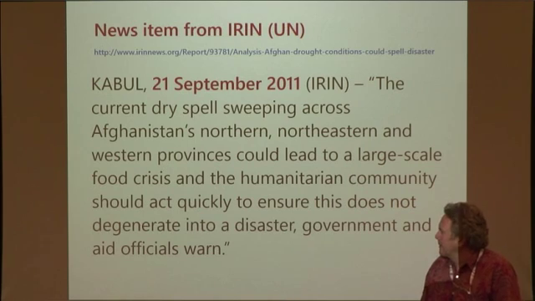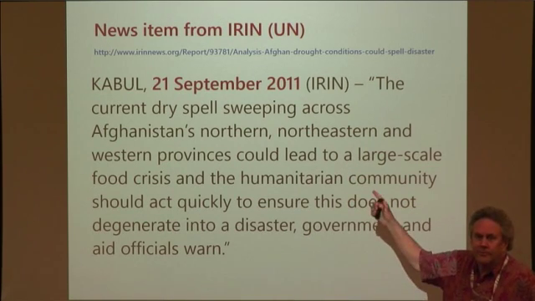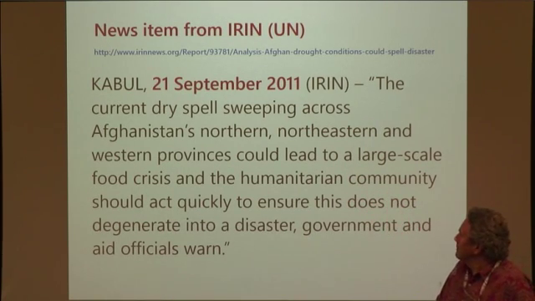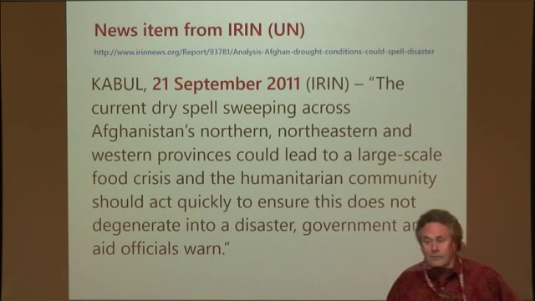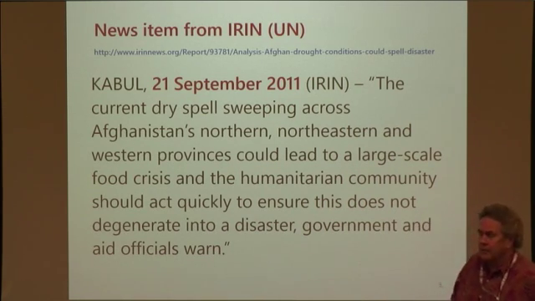And you can see this is a fairly desperate warning. And the problem is, if you look at the date on it, it came in September after the harvest had failed.